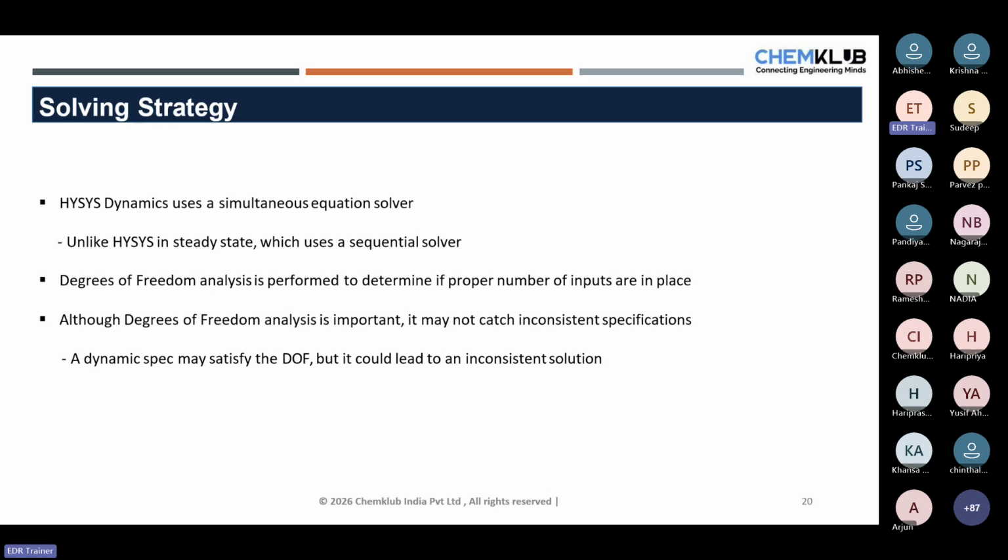If a person who has seen the plant and who knows the dynamics of the plant does the dynamic simulation, it will be more practical. I'm not saying it will be correct or incorrect, but he will try to visualize things more compared to a new person who has not seen the plant. So it is better that once you do these dynamic simulations, you check whether the basic principles the plant follows are being followed.